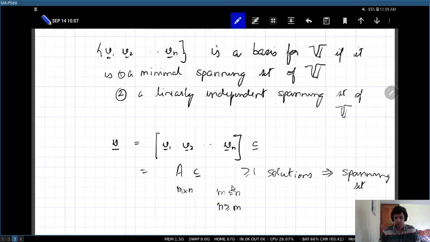And we'll see why that is the case in maybe a minute. So for it to form a basis, you need to have m equal to n, and the vectors should be linearly independent. So in terms of the number of solutions, there should be exactly one solution. So v1 through vn forms a basis if v equal to A times C has exactly one solution always.